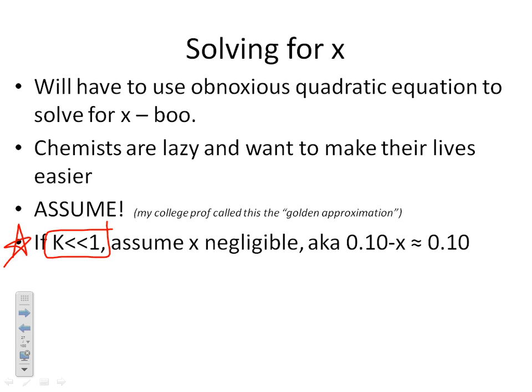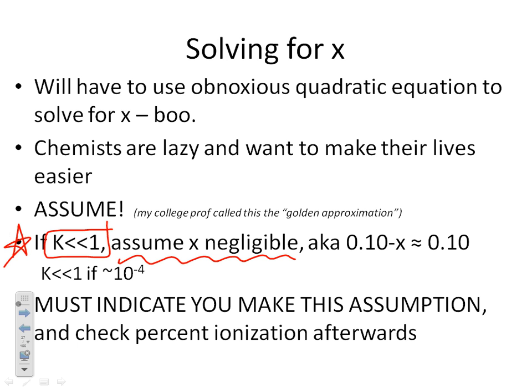But if we get a value that's way less than 1, then we know the numerator is virtually tiny in comparison with the denominator. Products are much less than reactants. We can assume that X is negligible in comparison with the amount of starting material that we had. That is to say, 0.1 minus X is approximately 0.1.